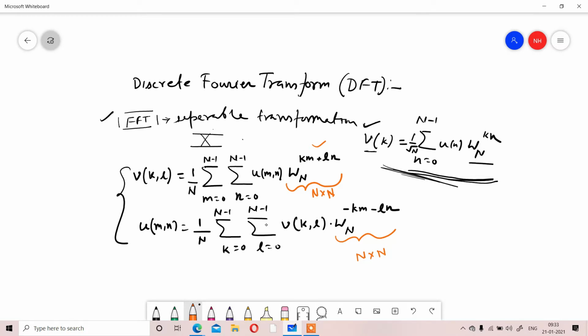I am simply separating W of Km plus Ln into the format W of Km into W of Ln. Then you can see how that operation is actually happening over the image. Why we should do DFT, then it will be more clear to all of you.